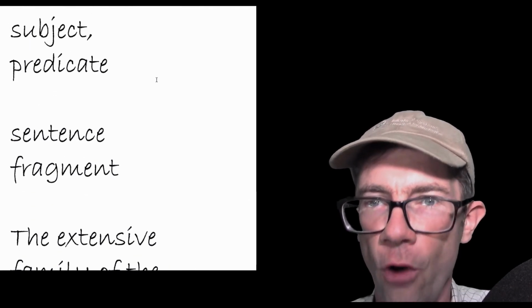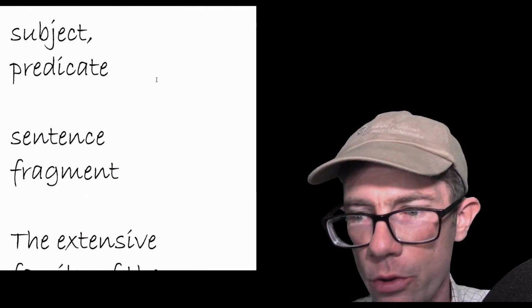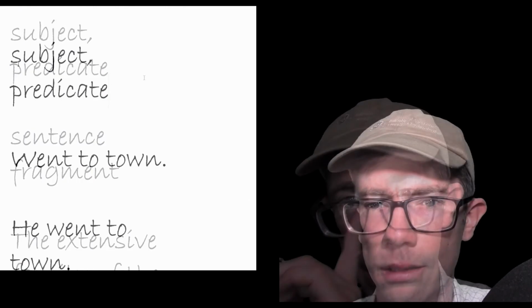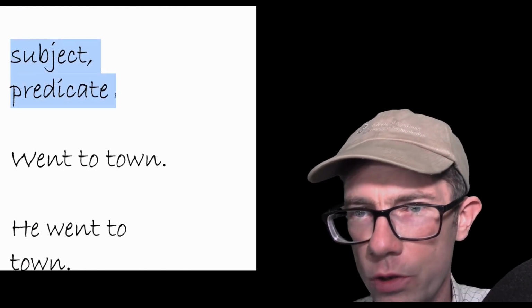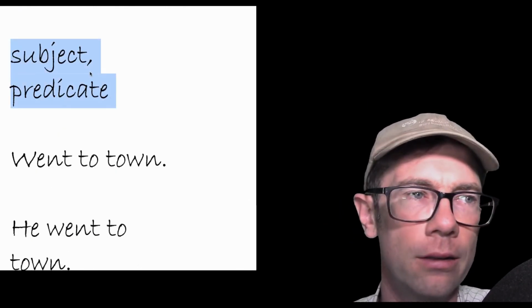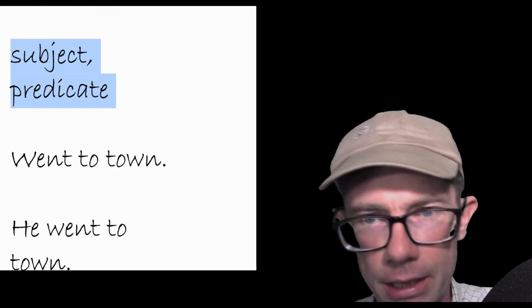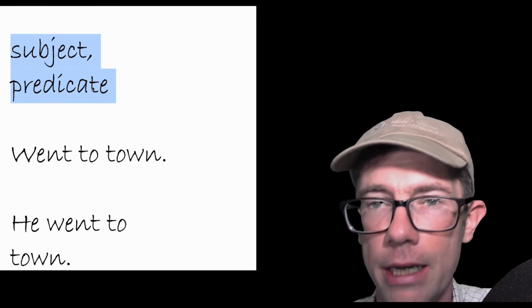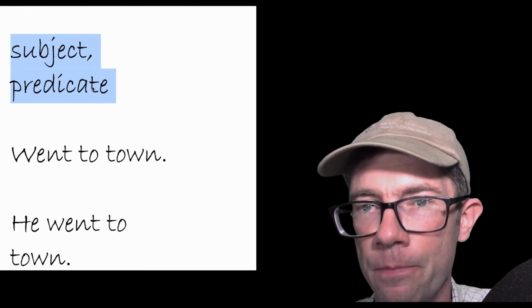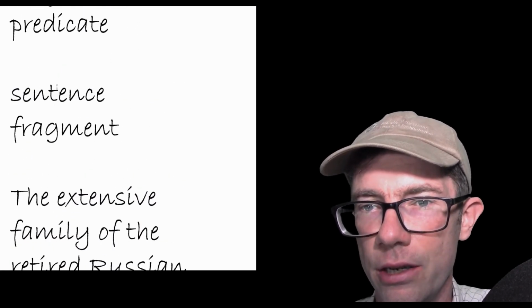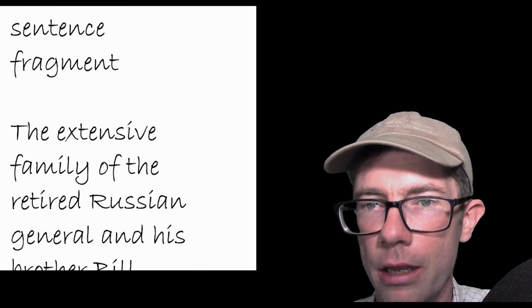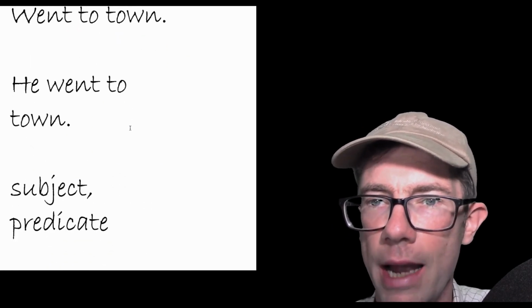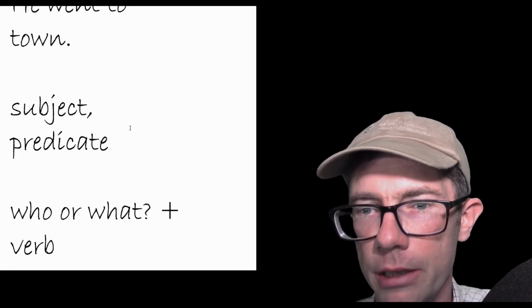Great. But formally, in terms of grammar, how do we know if a sentence is a sentence? A sentence always has two things. What are those two things? A sentence always has a subject and a predicate. If it is missing a subject or a predicate, then therefore it is a sentence fragment.